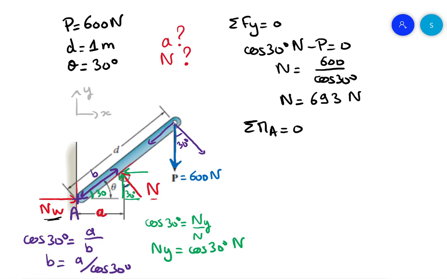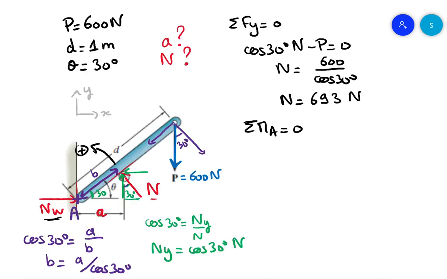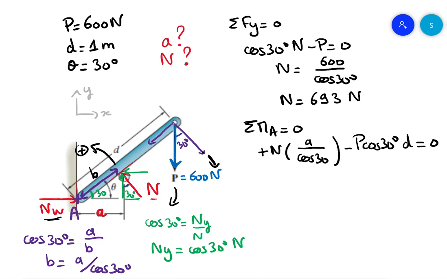Okay, so for the sum of the moments about A, we say that the normal force N tends to rotate in a positive direction, so plus N times the distance B, that is A divided by cosine 30. And P tends to rotate in the negative direction, but the only component that tends to rotate is this one, perpendicular to the rod, so minus P cosine 30 times the distance D equals 0. The only unknown there is A. So let's replace everything.